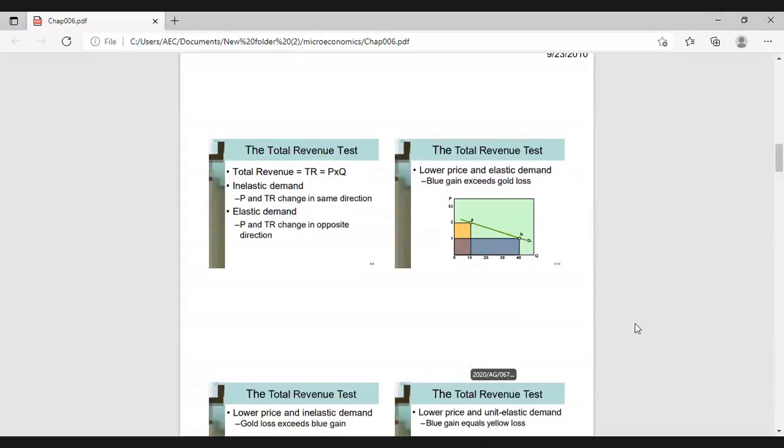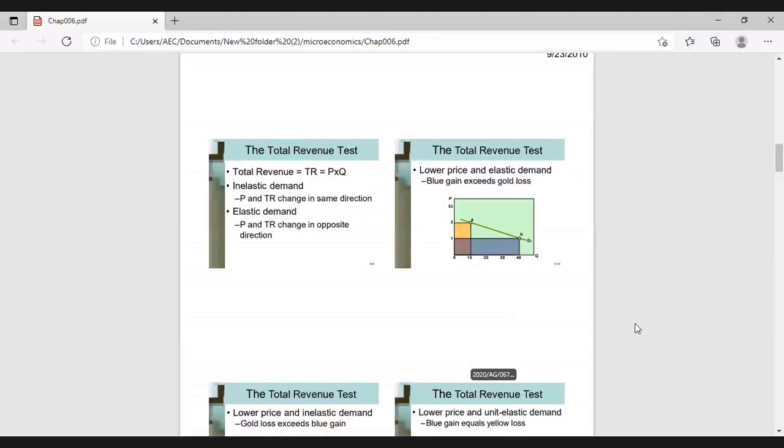The total revenue test is simple. We can get the data from the seller. When the price is high, people buy less. When the price is lower, people buy more. That is normal.